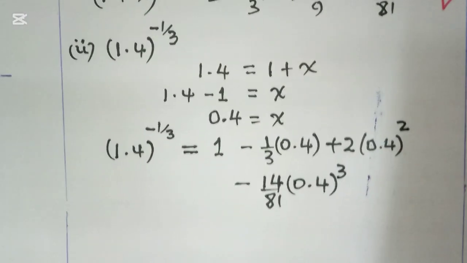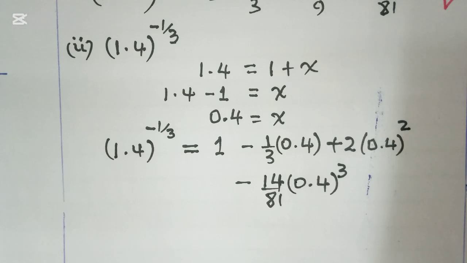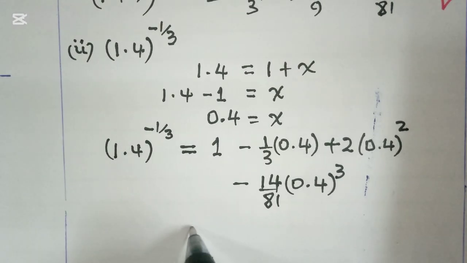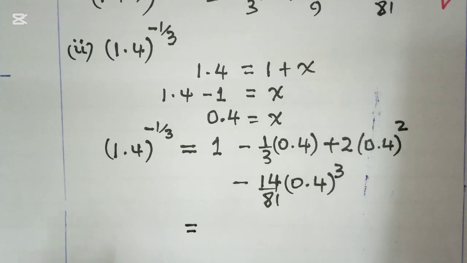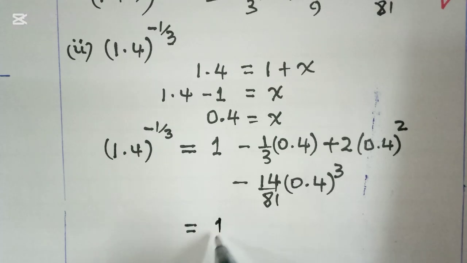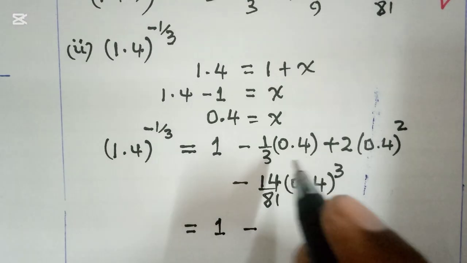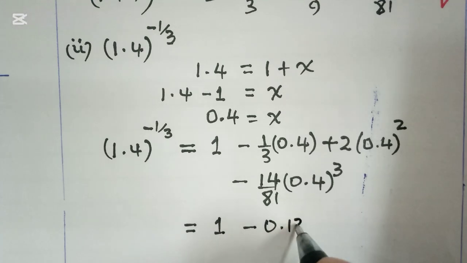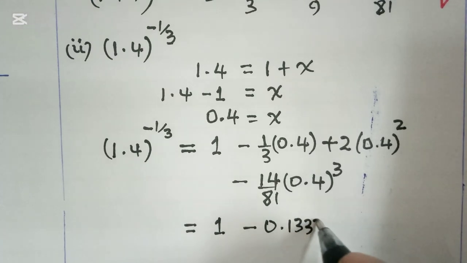Like that, guys. And from there, we just come and do our maths. This one is going to be equal to, because I've already done all of them, I can just write down. So I'll say 1 minus, for this one, you'll get 0.133, like that.